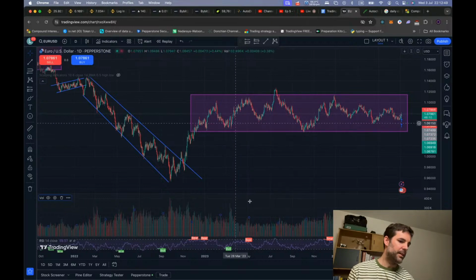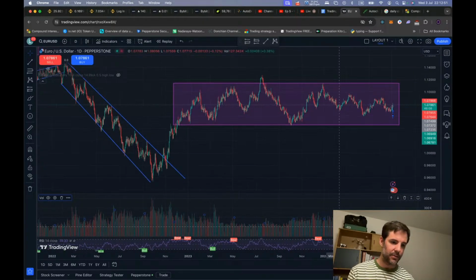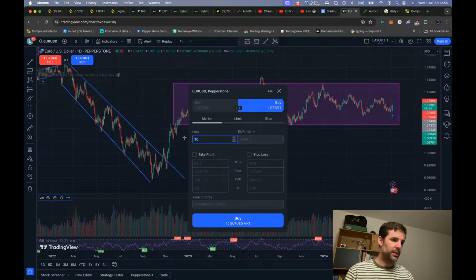Yeah, and in here you can actually have a look at it. Let's buy one lot, and one lot is 348 euros or dollars, which is basically almost the same thing, because it's 1.07. So let's say the 7 is not really important.